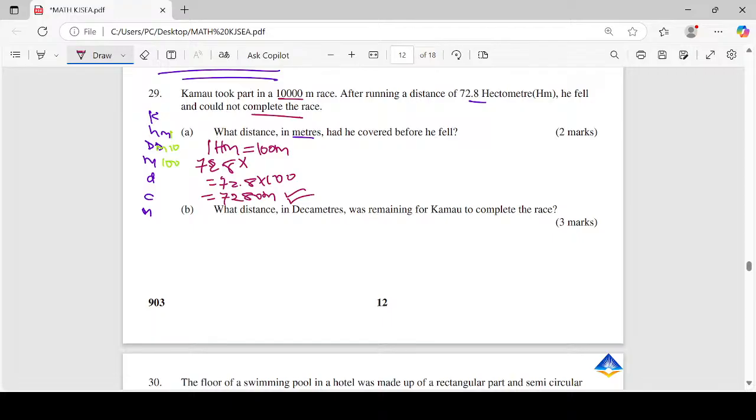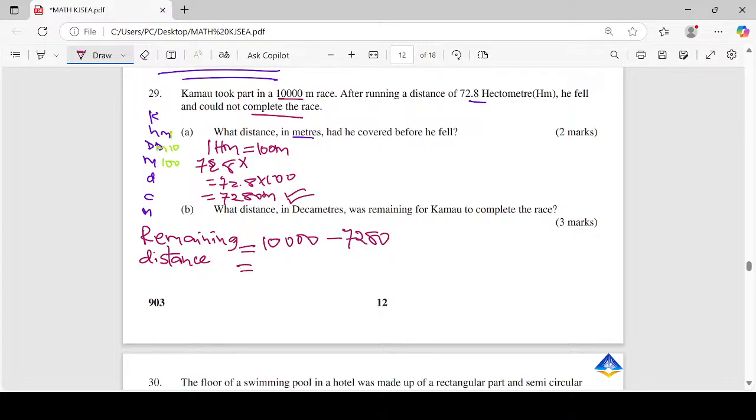Then, what distance in meters was remaining for Kamau to complete? Let's get the remaining distance. For the remaining distance, the distance was 10,000 meters, and he covered only 7,280 meters.